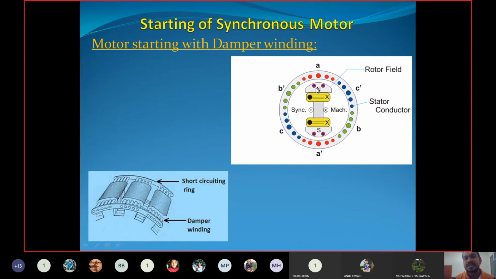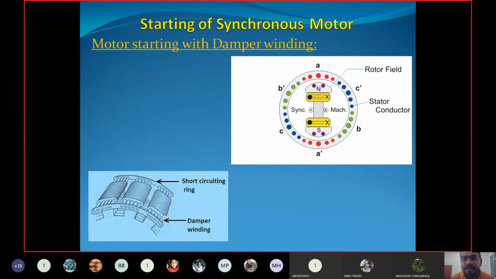These copper bars are short circuited on both sides like a squirrel cage rotor of induction motor. We already studied the squirrel cage induction motor. So the construction of this winding is the same as the squirrel cage rotor.